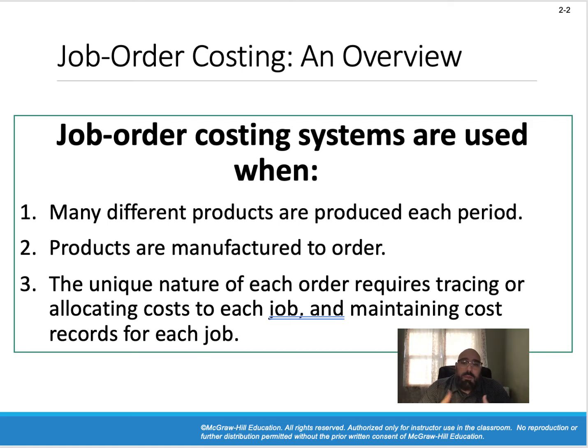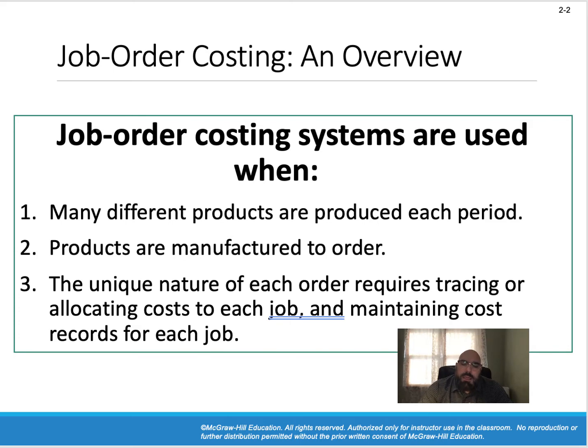So, since we have this conundrum, we have all these costs and we need to trace these costs to a unit of production, okay? But who uses job order costing? Well, a firm needs to have three characteristics in order to properly use job order costing.